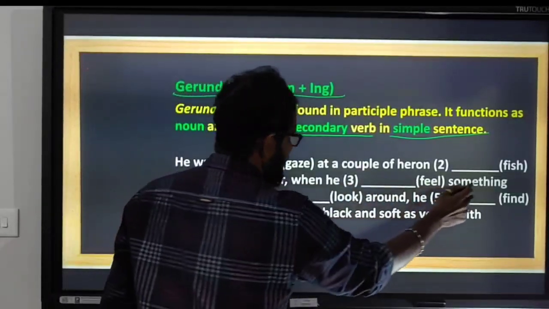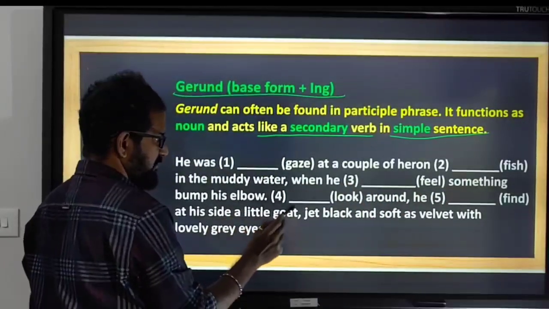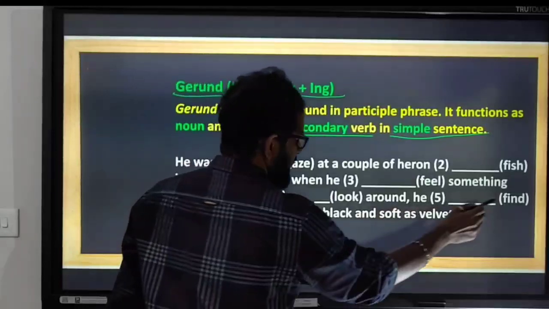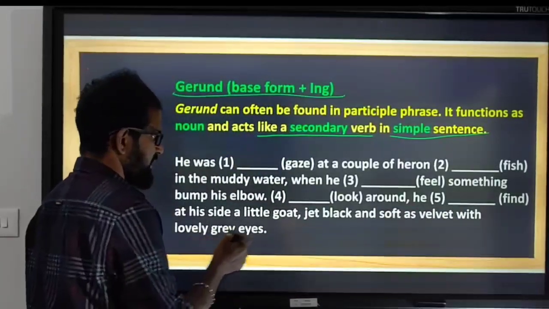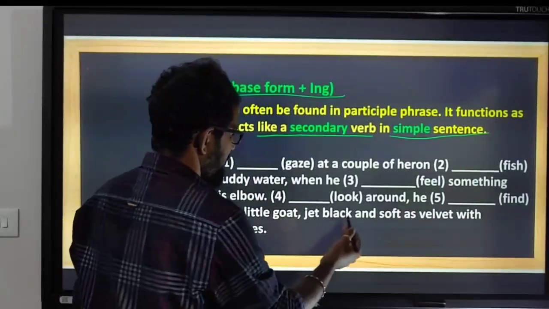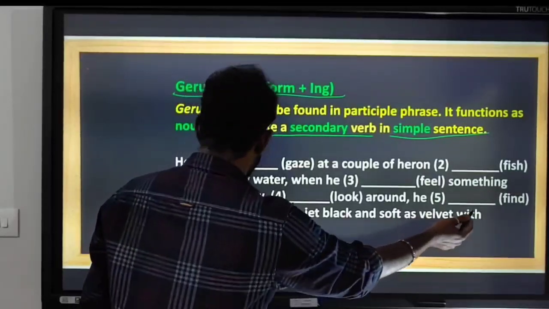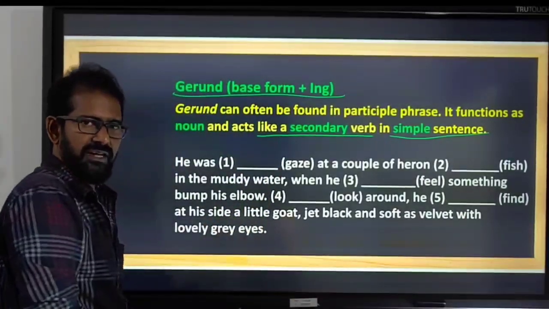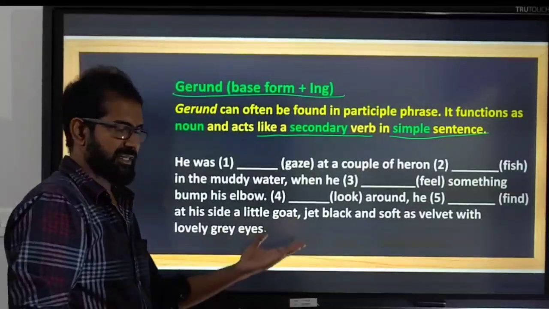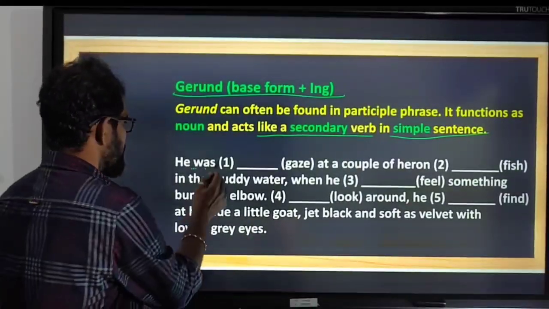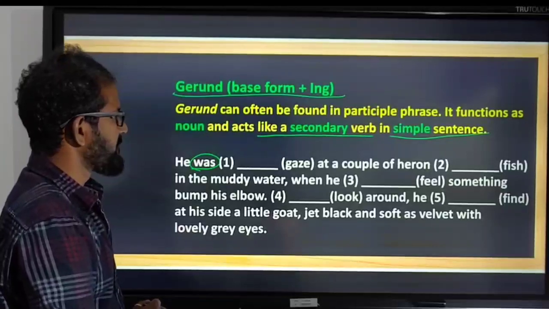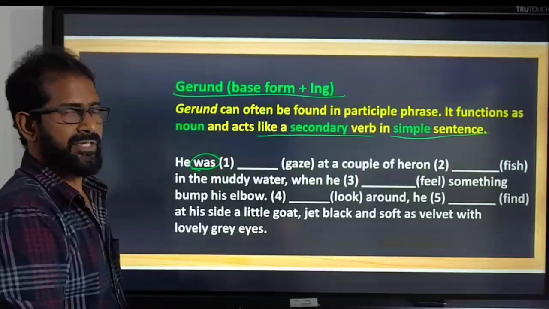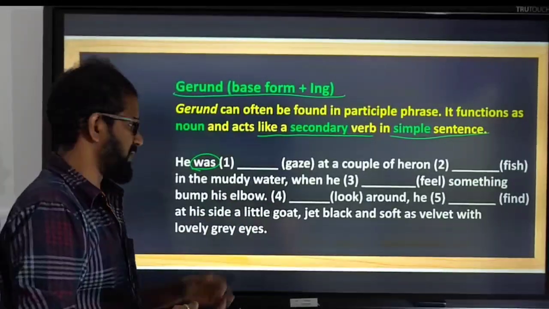When he feels something bump his elbow, look around, he find at his side a little goat, jet black and soft as velvet with lovely grey eyes. So first understand the lines and then decide what tense is supposed to be used. Was is past tense. So we need to fill the blanks using past tense.